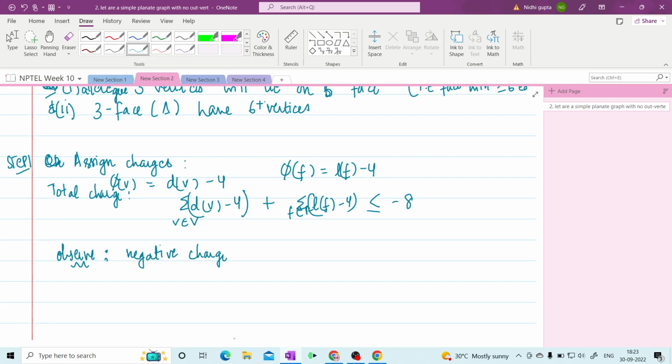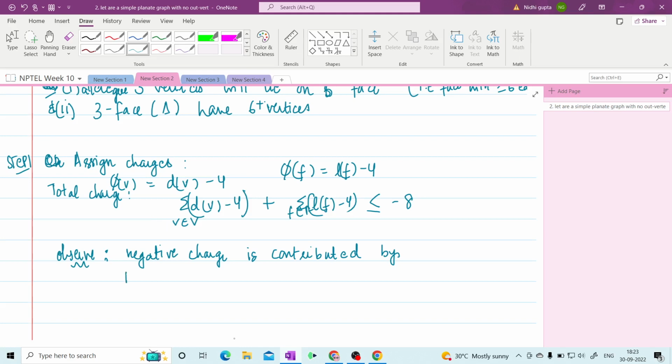So what is contributing negative charge? The term d(v) minus 4 will be less than 0 if the degree of the vertex is less than or equal to 3, and we have assumed the minimum degree is 3.